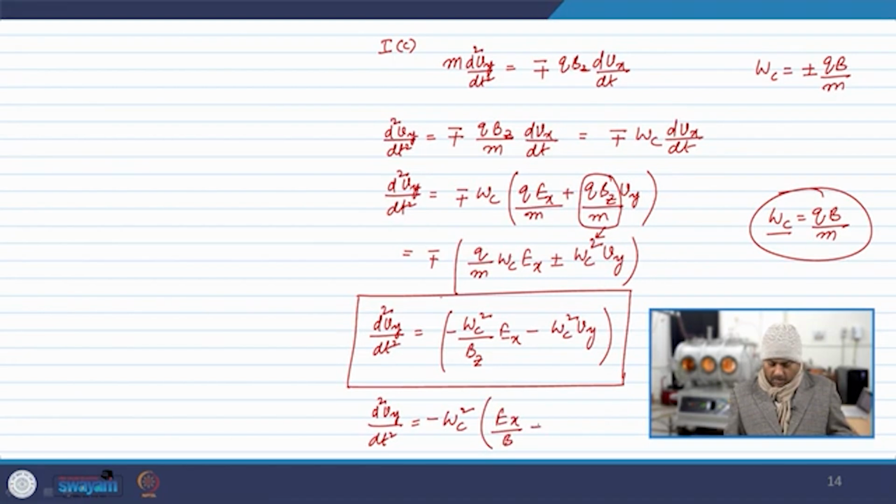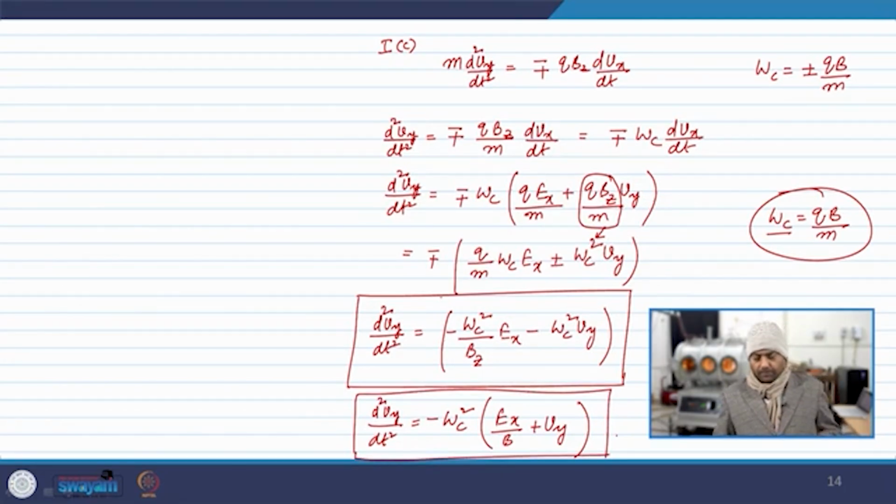by Bz plus Vy. You look at this equation, it needs a lot of understanding. It says the rate of change of velocity, the second derivative, d square Vy by dt square, has some angular frequency component, but in addition it has this information about the electric field also.